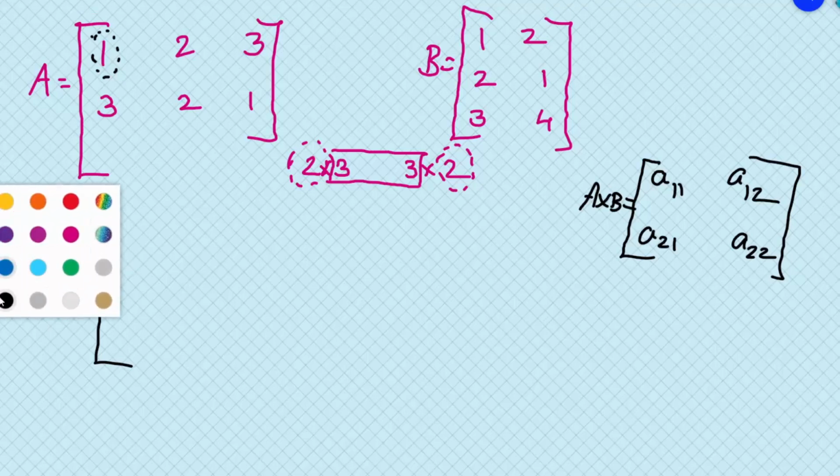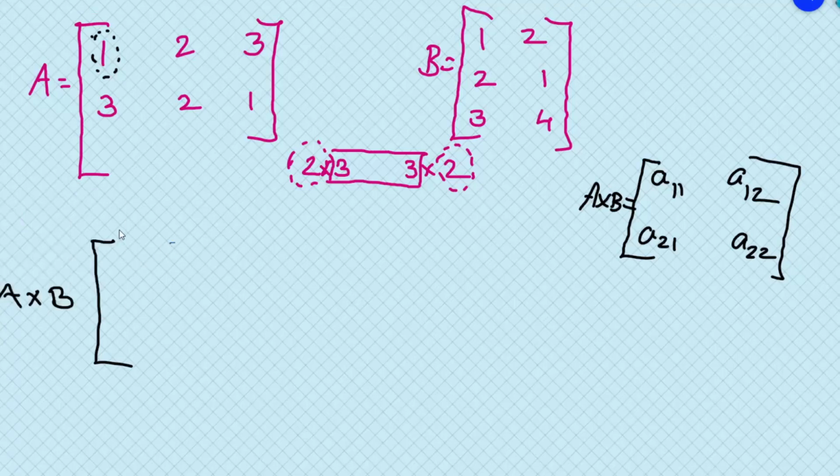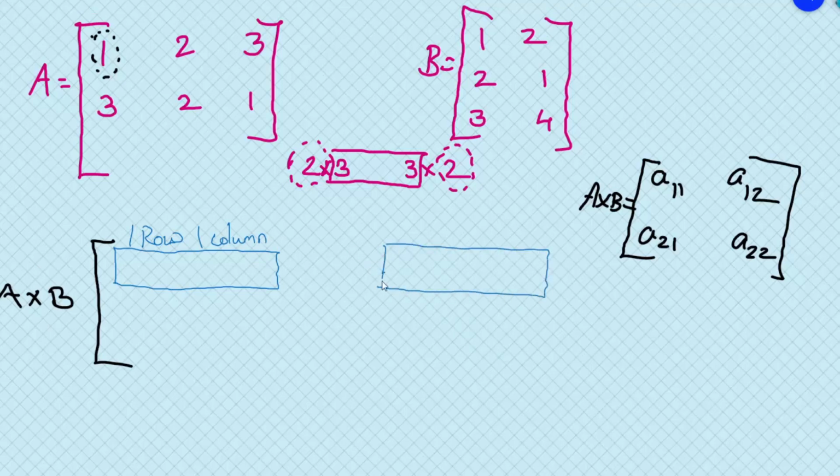So to achieve the A11 element, we will multiply the first row of matrix A and the first column of matrix B. In the same way, A12 is the first row of matrix A multiplied with the second column of matrix B.